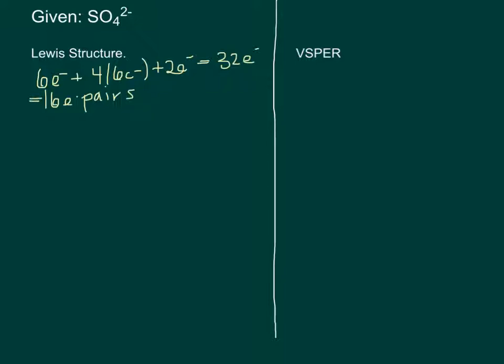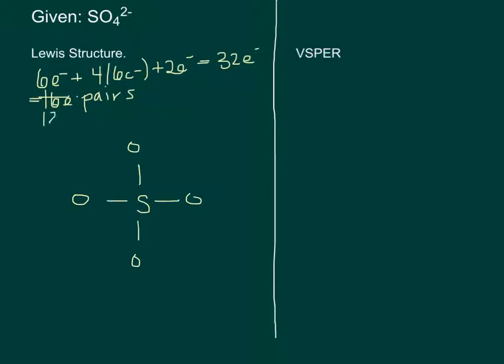So let's start by drawing the Lewis structure. Sulfur goes in the middle because it's the first one, and then we're going to add 4 oxygens. Okay, perfect. Since we already have 4 bonds, which has 2 electrons per bond, we're going to subtract 4.